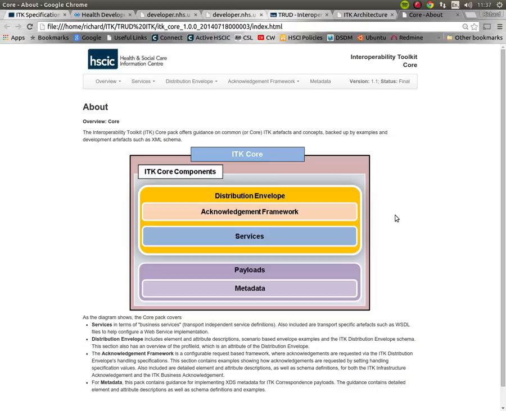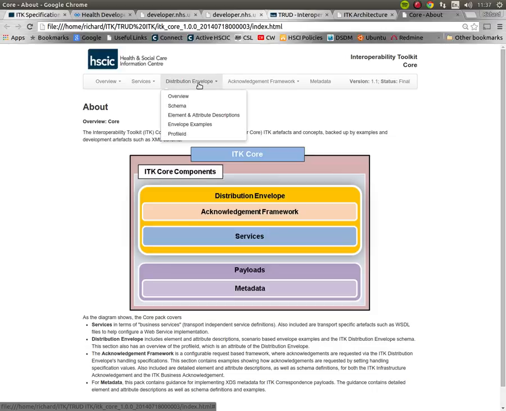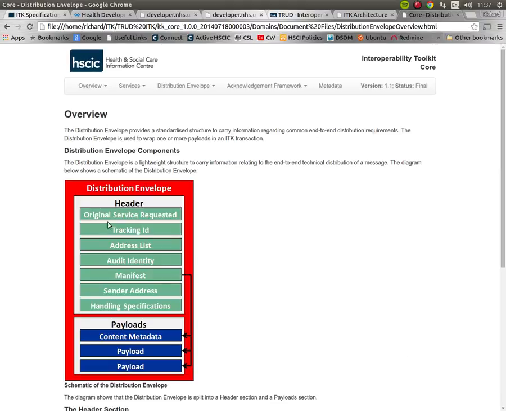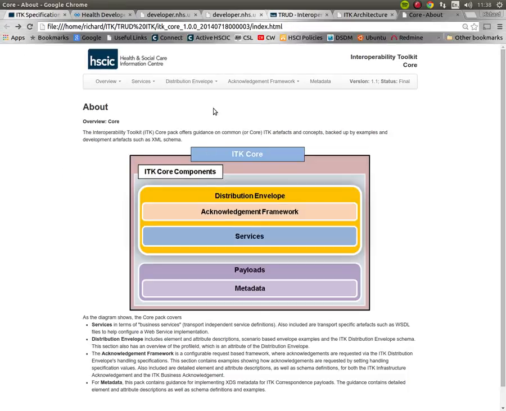So this pack covers the distribution envelope, which wraps around the ITK payload, explains the construction of it. You've got the schema in here, you've got an overview, so basically it tells you what the various headers are and attributes that exist within the distribution envelope. We've also got the schema and so on within there.